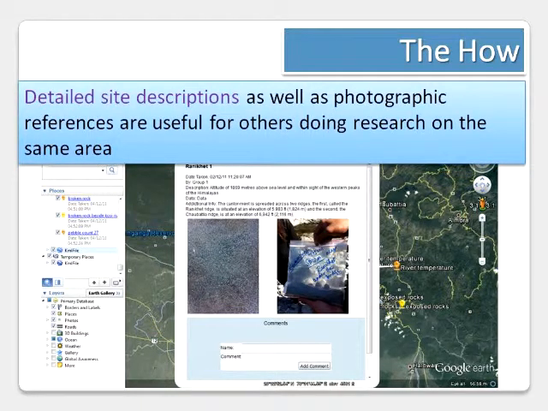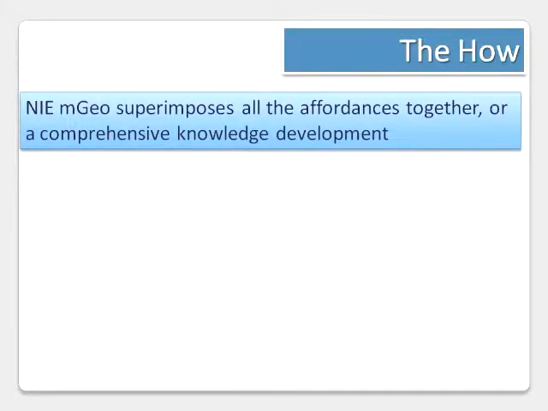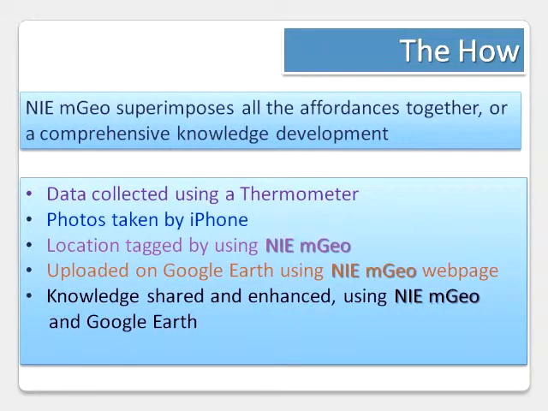Now therefore, mGeo superimposes all the affordances that we have at our disposal. What we do is, first, data is collected using a thermometer or any kind of equipment that we use in the field, and then the photos are taken by iPhone, of course. But the good thing is, location is tagged by using mGeo.